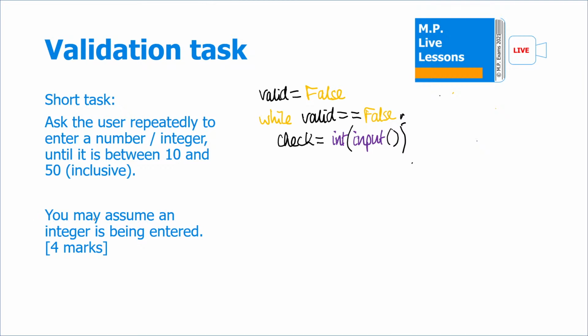So we have an if statement. If whatever's stored in check is less than or equal to 50 and is greater than or equal to 10, then we can say valid is now true.